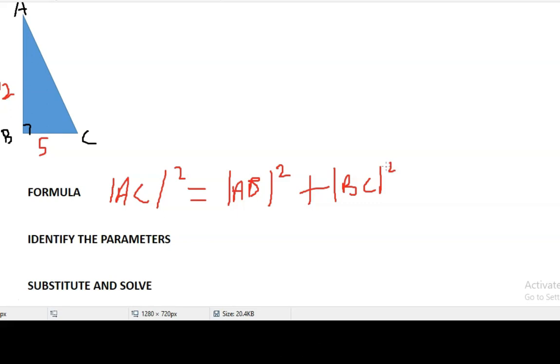That's the formula for calculating the hypotenuse.